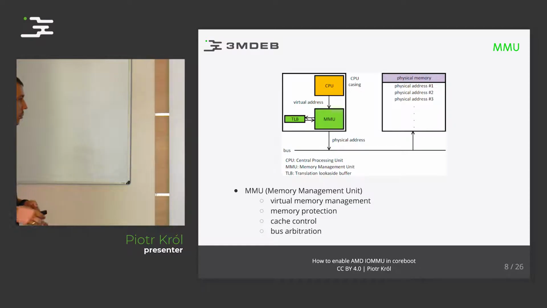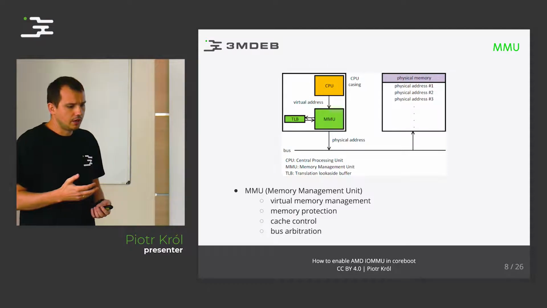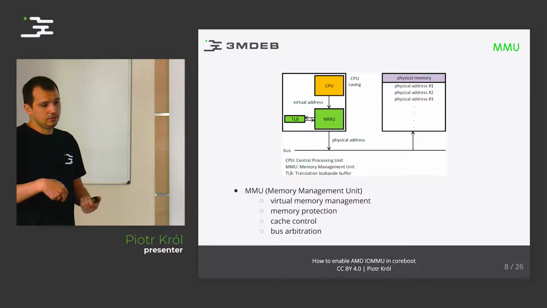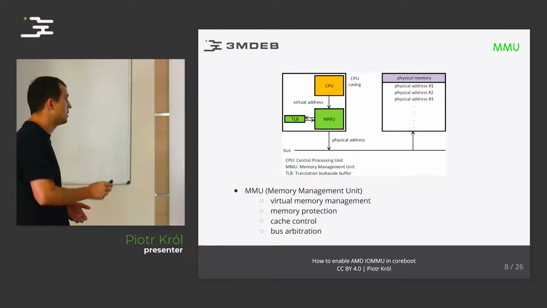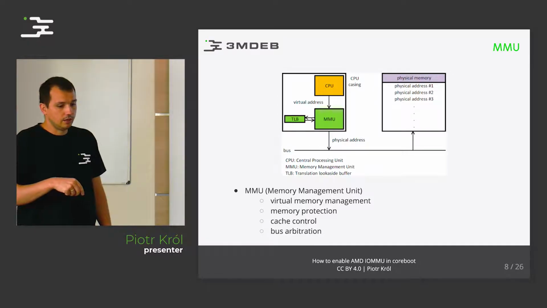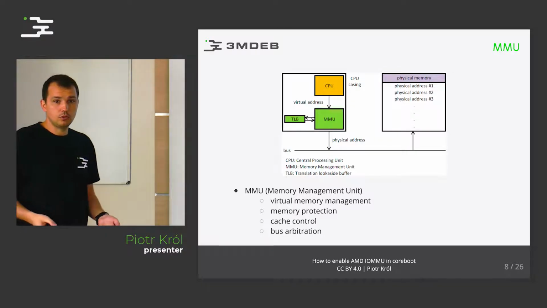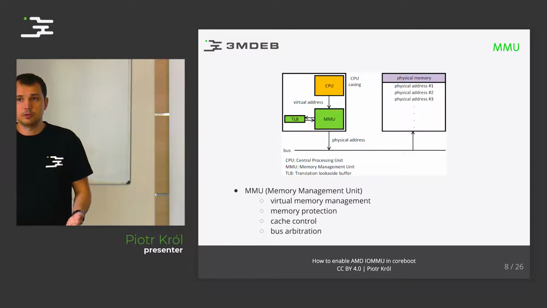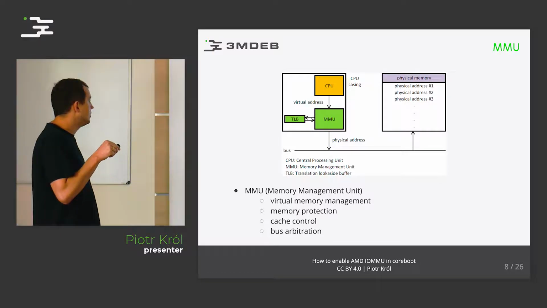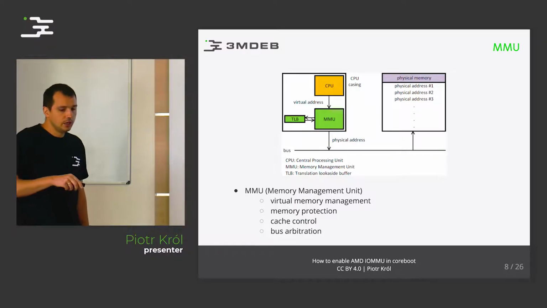This is quite complex because it depends on the operating system's methods for handling this situation, but in general this is a page fault, and this page fault can be handled in various ways, like loading the memory from another location, maybe changing something in cache, maybe just showing a segmentation fault in your program because you accessed a memory that doesn't exist. And then we have another feature which is called memory protection.